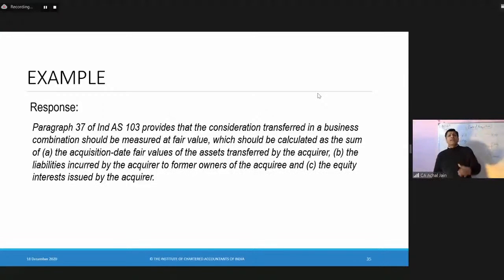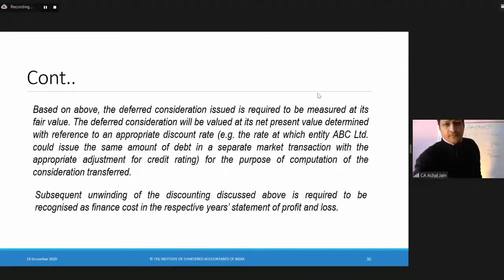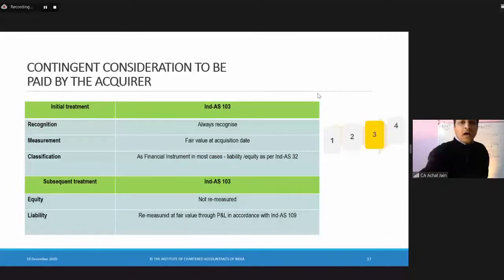Means acquirer may issue various instruments. Fair value of all of them will become purchase consideration. Now in this case, let's understand how this accounting will be done.